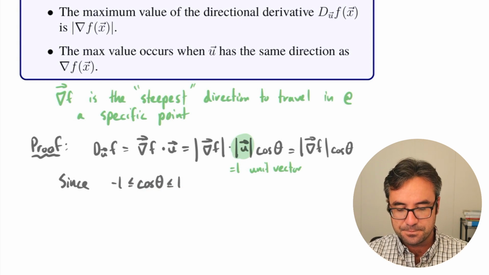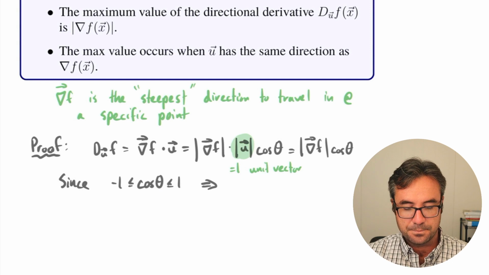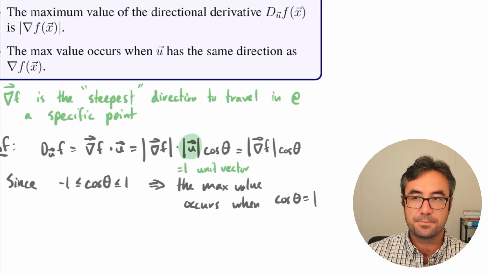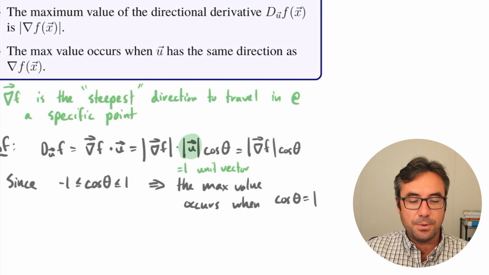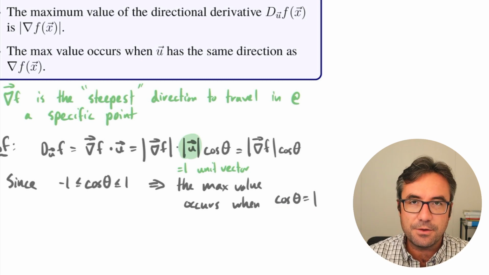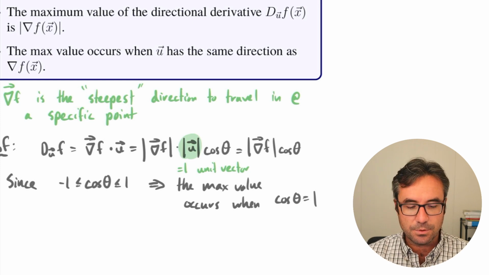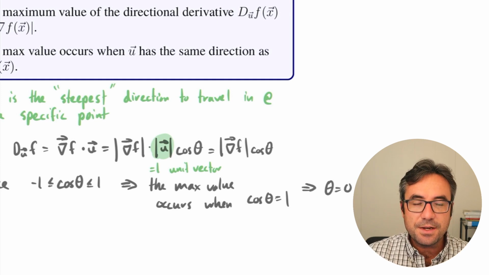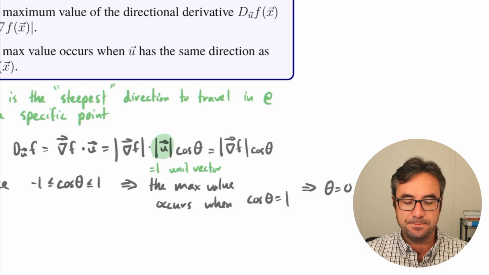So the max value occurs when cosine of theta is equal to 1. Now, if cosine of theta is equal to 1, we know what value of theta makes that true. That's theta equal to 0. So if theta is equal to 0, that means u and the gradient are pointing in the same direction.